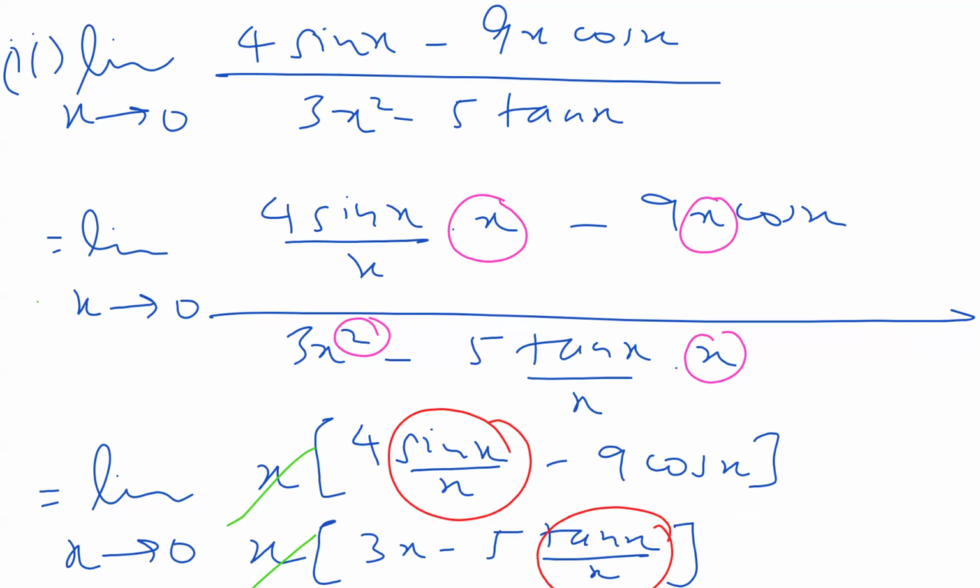Because we can apply the formula directly over there. So this is equal to 4 into 1, this is 1, minus 9 cos 0. We can put 0 over here. And one more place we have to put 0 is here. Because when we put 0 over here, it does not make a negative impact. It is not making the entire denominator 0. So this x and this green colored terms will be made 0.